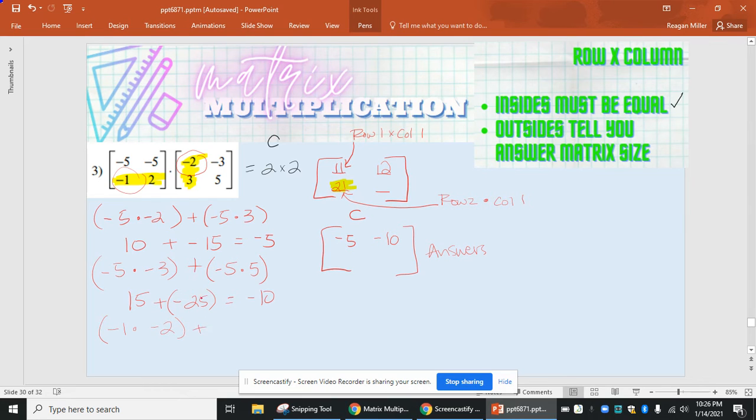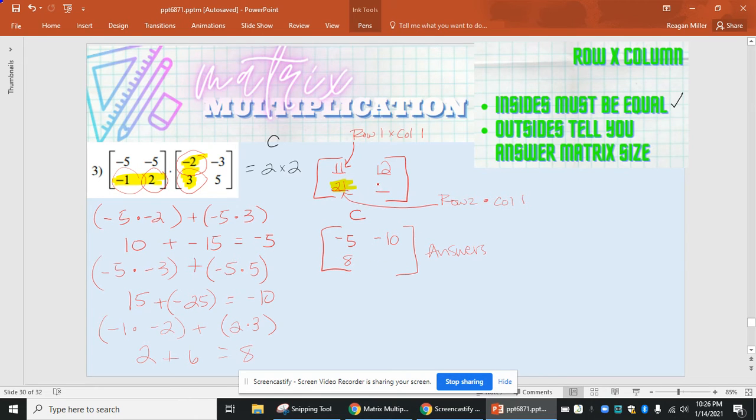And then I'm going to add that to 2 times 3. Okay, -2 times -1 gives you a +2, and then 2 times 3 gives you 6. So 2 plus 6 gives you 8. So that's my answer right here for element 21.